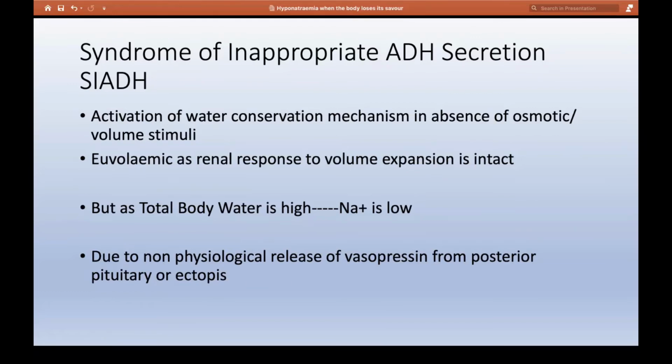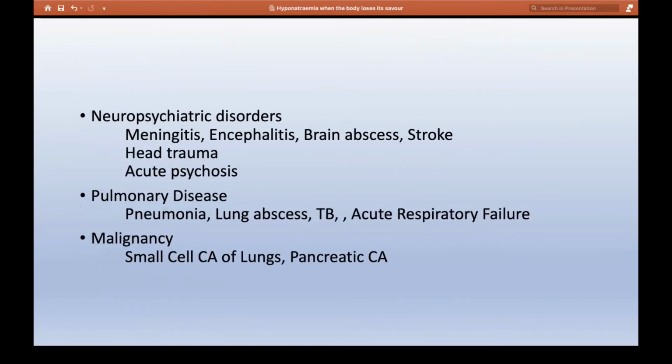So how does this happen? This can happen because of stimulation of the posterior pituitary, or because of ectopic foci. So what are these? Any kind of brain pathology could give rise to SIADH. These are neuropsychiatric manifestations. It may be an infection like meningitis, encephalitis, or a brain abscess.